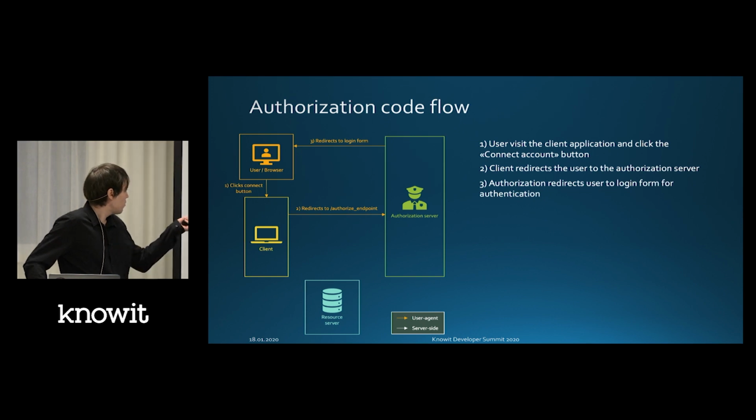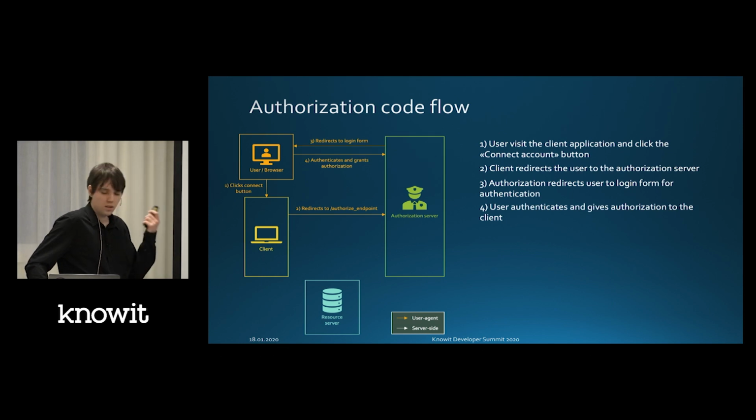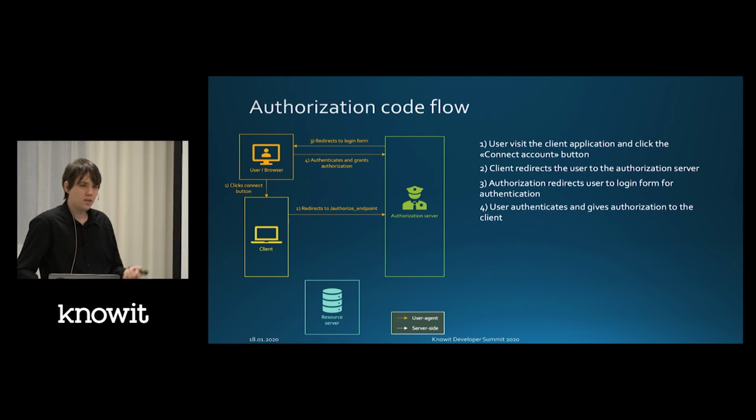The authorization server will then redirect the user to some kind of login form. It authenticates the user, and the user grants authorization. It says, "Okay, allow this." This is like those figures I showed earlier, and we're going to go through each step in more detail, so hang with me.